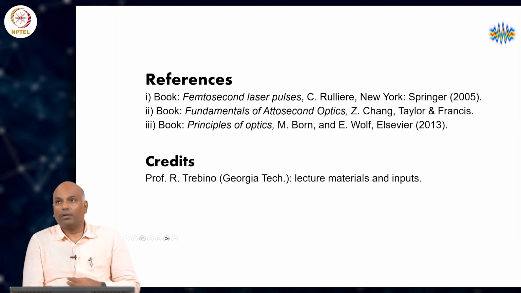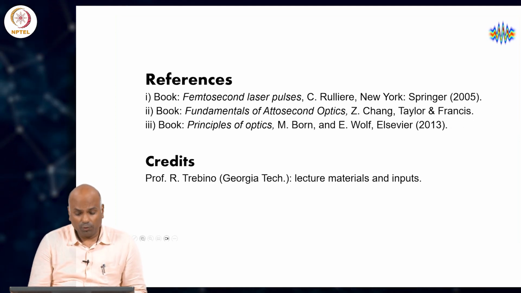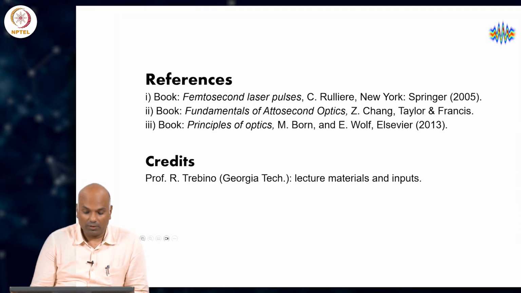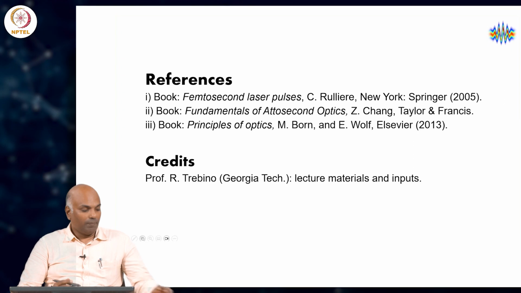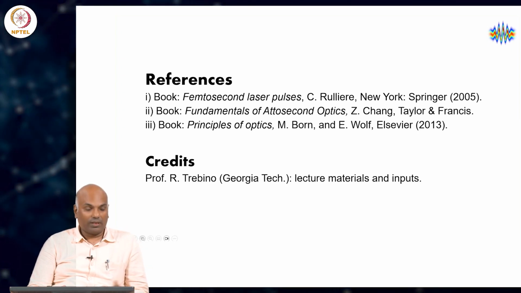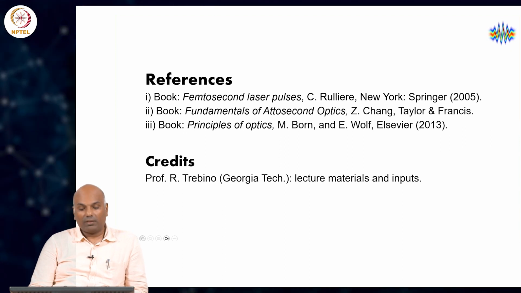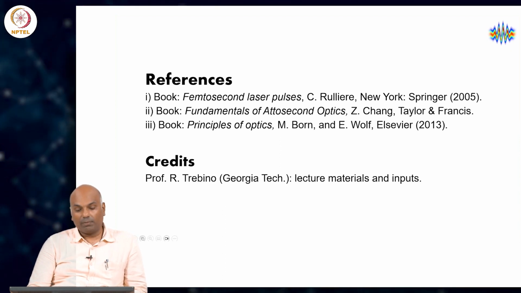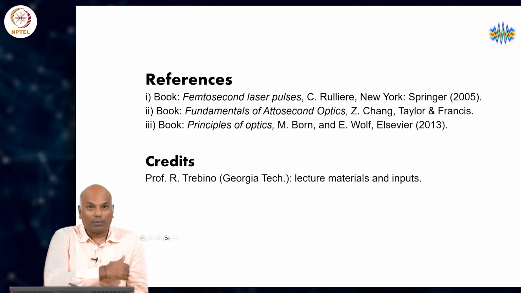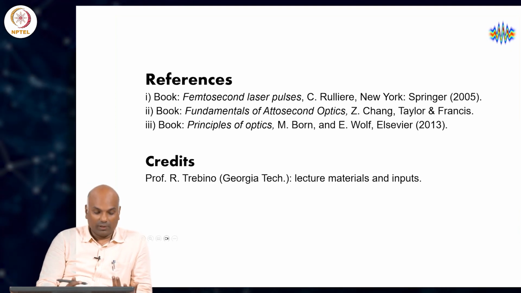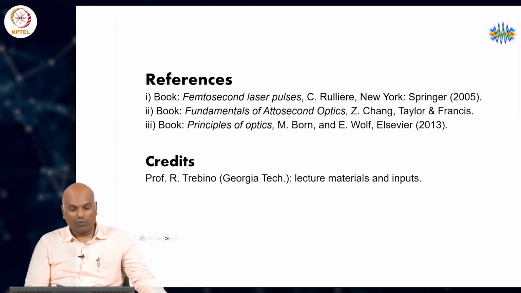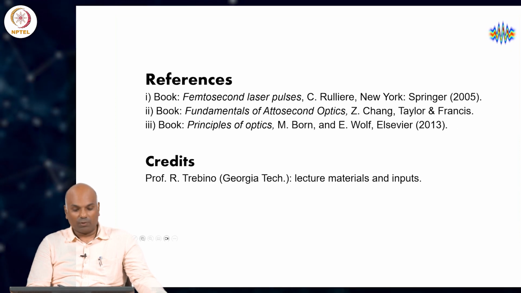Those elsewhere, if you can access it through other means, your local resources would be great. So the textual references for this section of the course as well are these 3 nice books: Femtosecond Laser Pulses, Fundamentals of Attosecond Optics, and Principles of Optics by Born and Wolf. And as always, thanks to Professor Trebino for sharing his lecture materials and inputs for this course.